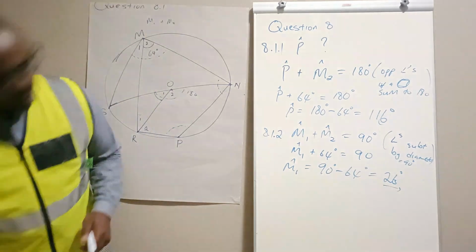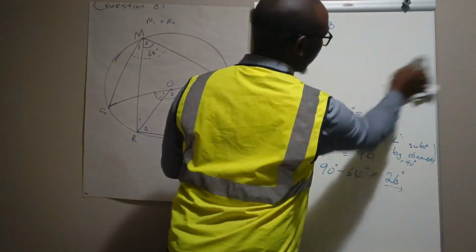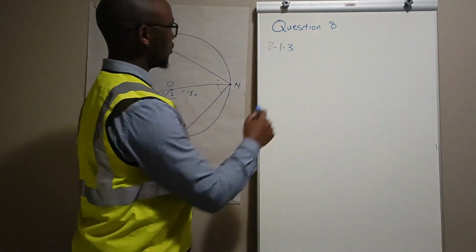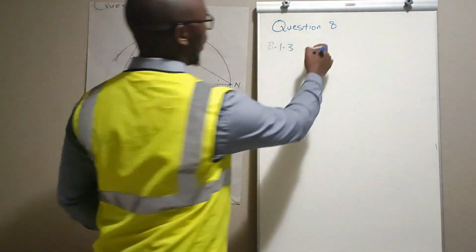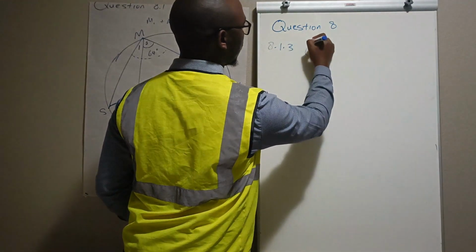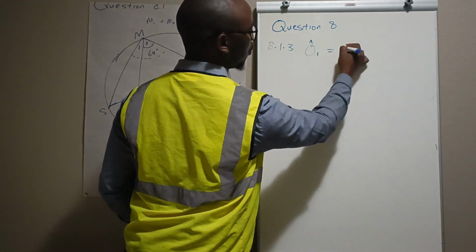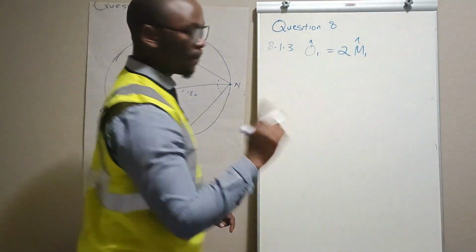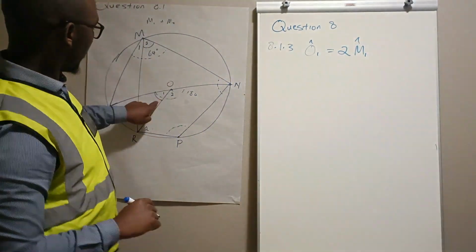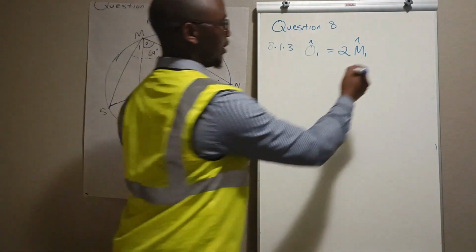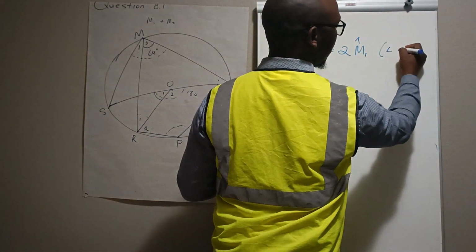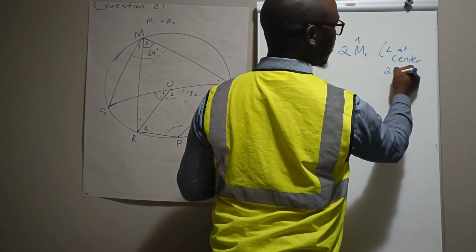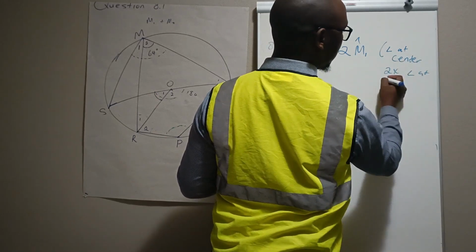So we are going to trace this. O1 is equal to 2 times M1. What is the reason? O1 is twice M1 because the angle at center is twice the angle at circumference.